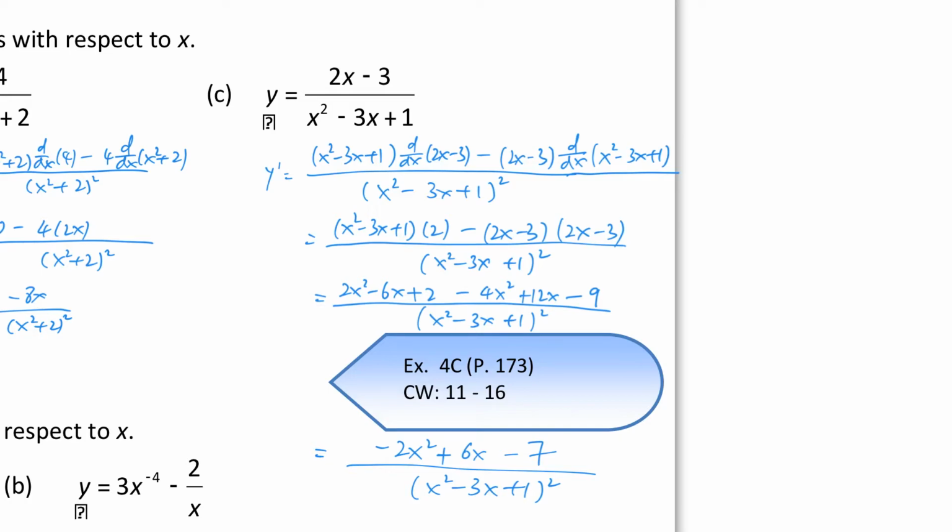And then simplify it. This is 2x squared minus 6x plus 2. And remember, this negative, you need to distribute into the polynomial. So remember, be careful with the negative sign. So this is 4x squared plus 12x minus 9. So simplify it. This is the final answer.